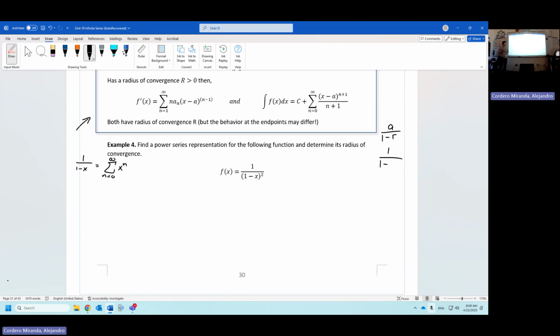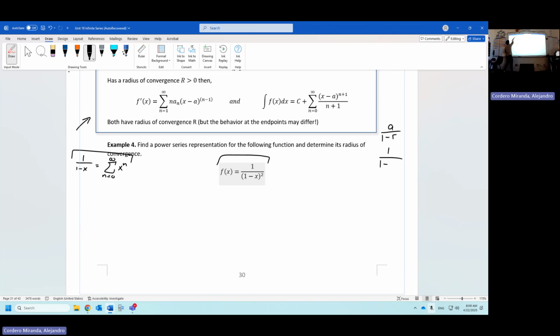So do you guys see what I'm getting at? Do you see a way to get from this series that I'm overlining to this function that I want? Yeah. And if you don't see that, look at it now, watch this.